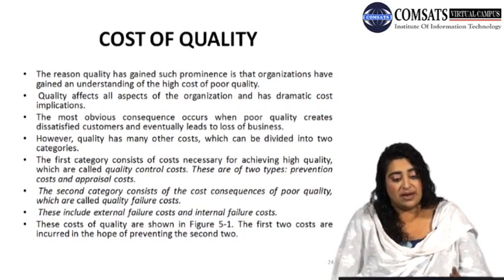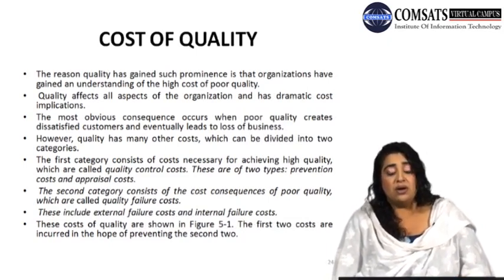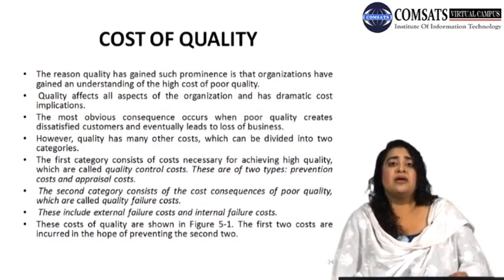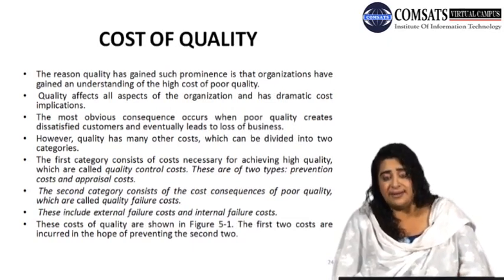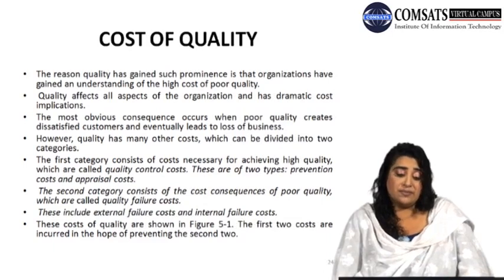हम हाई क्वालिटी अचीव करने के लिए जो कॉस्ट आएगी वो it would be called quality control cost. और उसकी दो टाइप्स हैं, एक प्रिवेंशन कॉस्ट और एक अप्रेजल कॉस्ट. जिस तरह मैंने आपको एक्सप्लेन किया कि प्रिवेंशन में क्या है और अप्रेजल में क्या है. फिर सेकंड कैटेगरी क्या आ जाती है? Second category consists of the cost consequences of poor quality which are called quality failure costs.